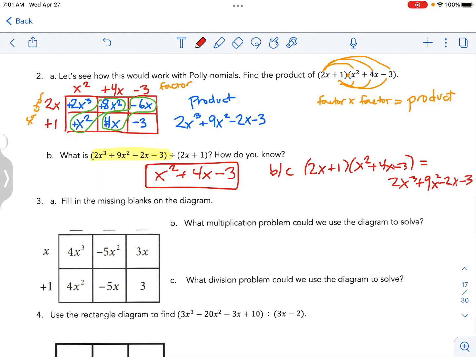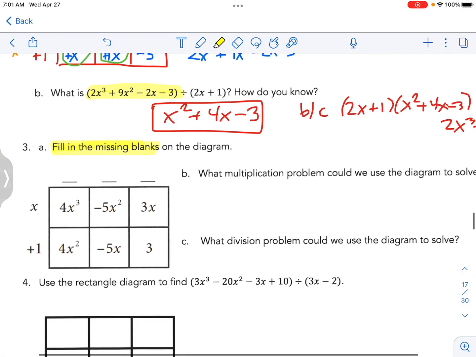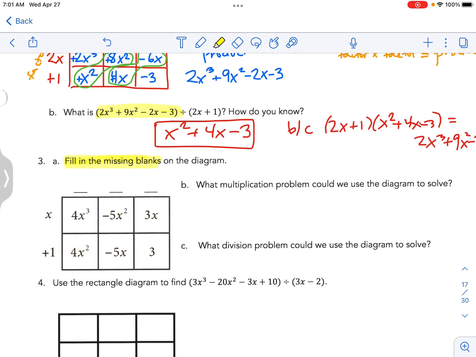So we're going to start by doing kind of a fill in the blank here. So fill in the missing blanks. And this is kind of the game we play when we do division, is we fill in the missing blanks. So it says, what multiplication problem could we use in the diagram to solve? So we know that the product, we color code this. This is the product.